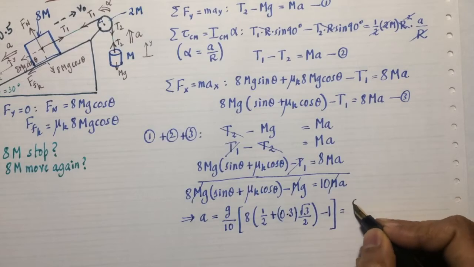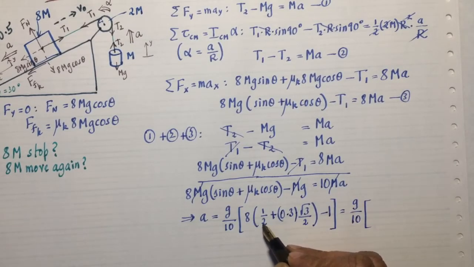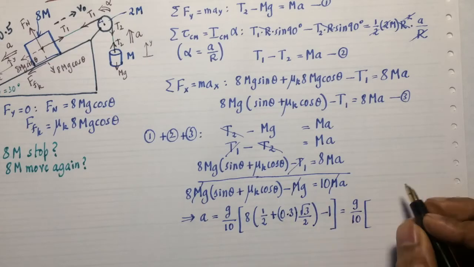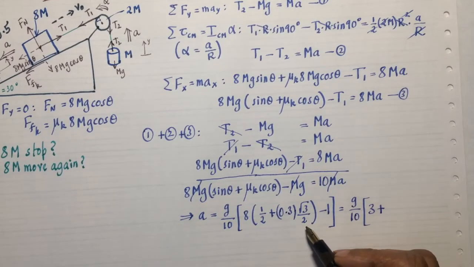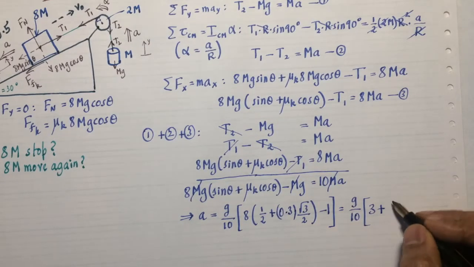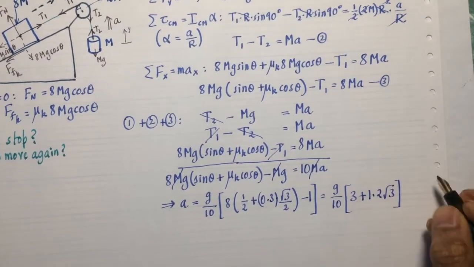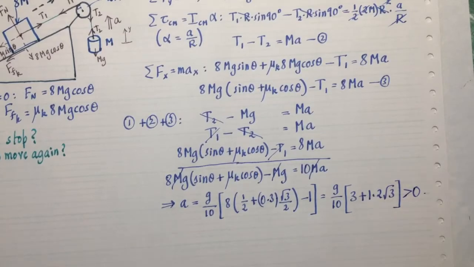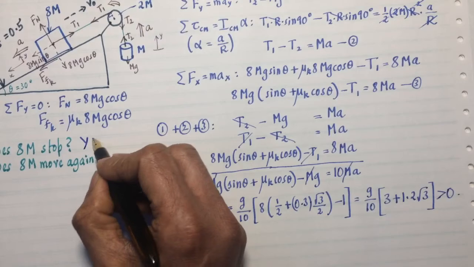So that's going to be g over 10. 8 divided by 2 is 4, minus 1 is 3, plus 8 times 0.3 is 2.4, divided by 2 is 1.2. Well, basically it's bigger than 0. So indeed, 8m stops. So the answer to the first question is yes.